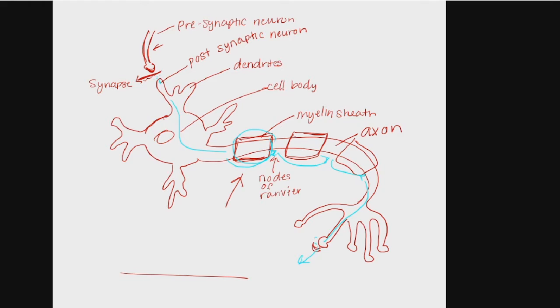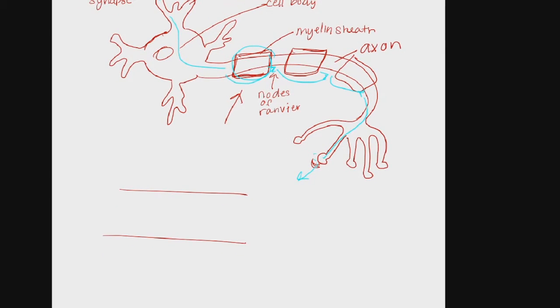We saw that sodium was higher outside the cell, and potassium was higher inside. We have voltage-gated ion channels throughout that membrane.